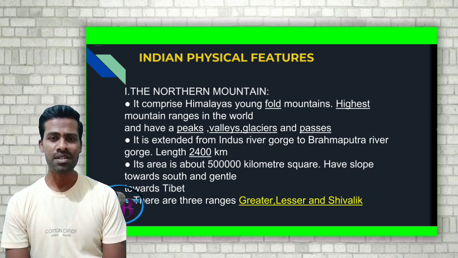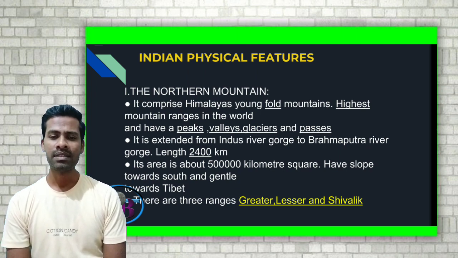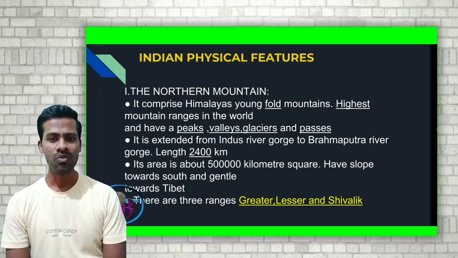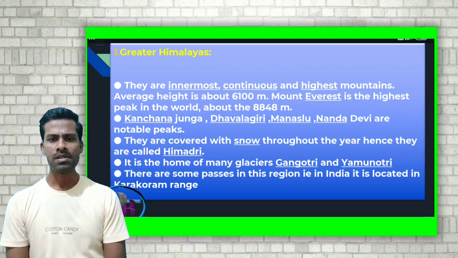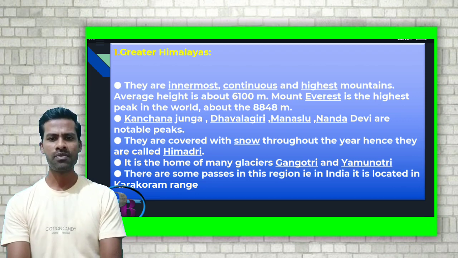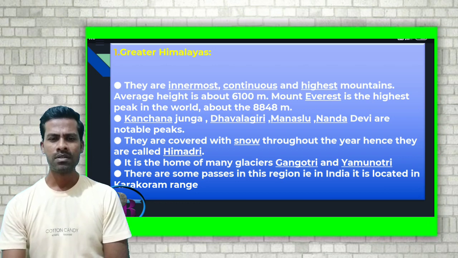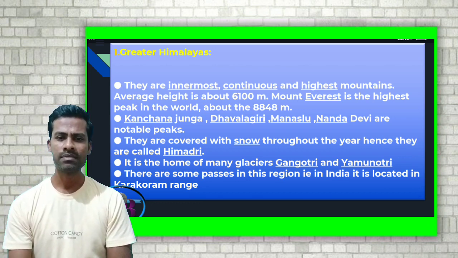Those parallel ranges are Greater Himalaya, Lesser Himalaya, and Shivalik Himalaya. We also call it Shivalik Hills. These parallel ranges come under the Northern Himalaya. There are three important parallel ranges, as I said just before: Greater, Lesser, and Shivalik.